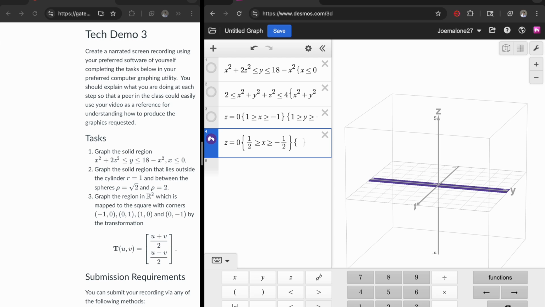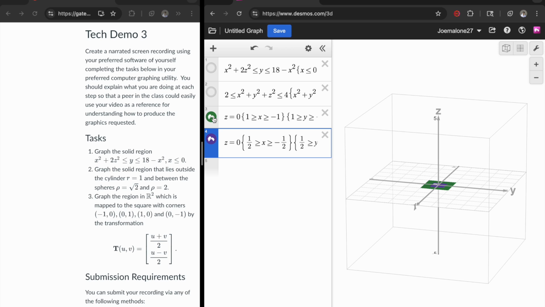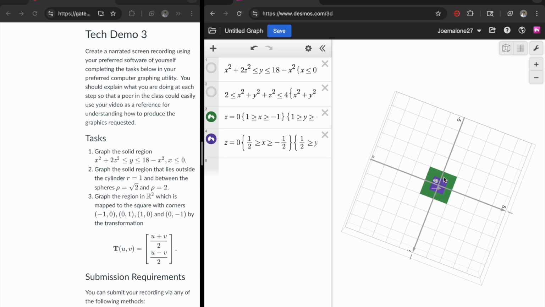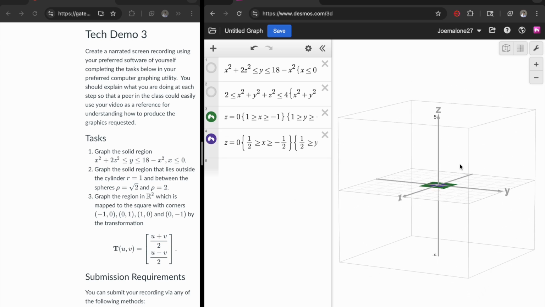And then for y, same thing. And there we go. So as we compare them, we can see that it was cut in half by our transformation. And that is all.